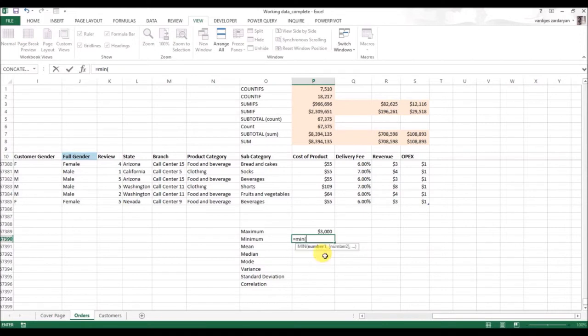Is equal to min, again, the range. Here we get $50. The average value, which is the arithmetic mean at the same time, is equal to average for this range, $125.